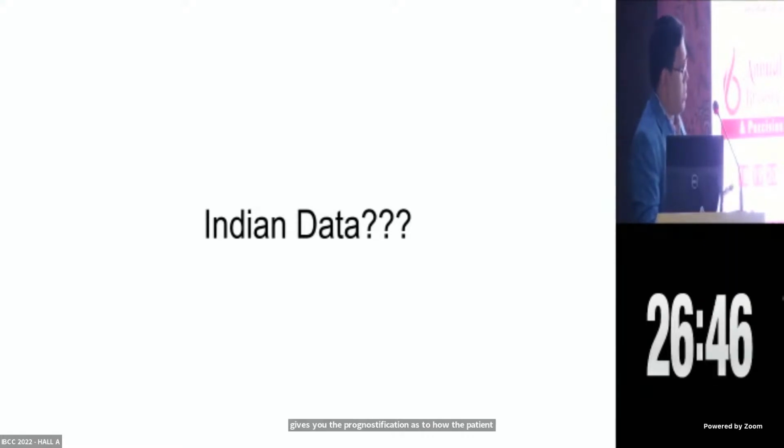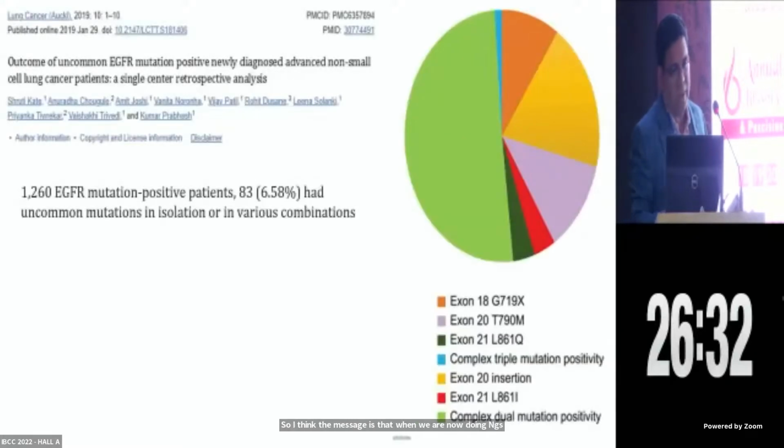And even in my experience, L861Q is the one I have seen most among the uncommon EGFR mutations in my practice. Okay, so I think the message is that when we are now doing NGS, you're seeing more of these uncommon mutations.